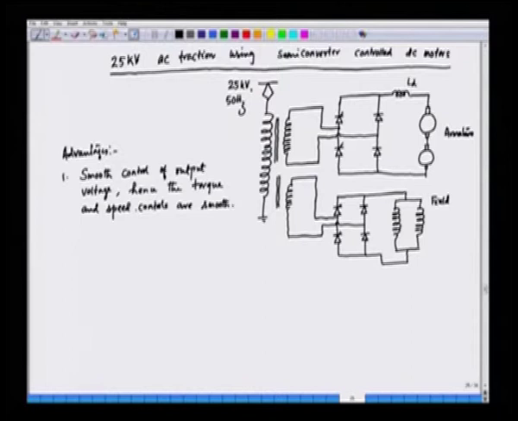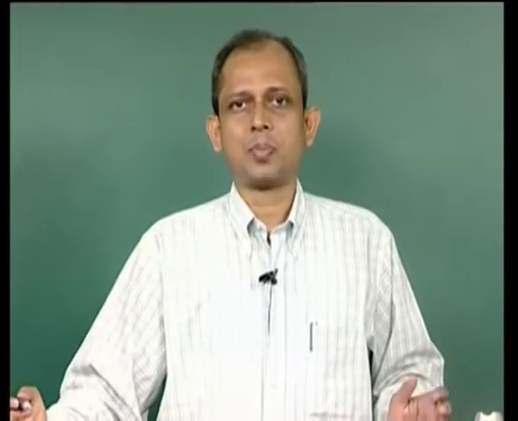This is the output voltage, the voltage that is coming out of the half control converter. We can call this VA, the armature applied voltage. So, this VA control is smooth, and hence we have smooth control of speed and torque. And then of course, it is a highly efficient system. We do not have any resistors, we do not have any losses here, because we have solid state devices like SCRs, and the SCRs and the diodes have minimal losses.